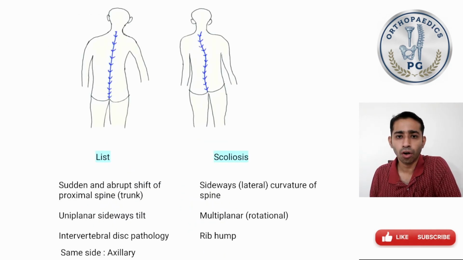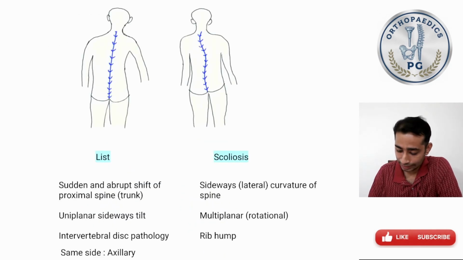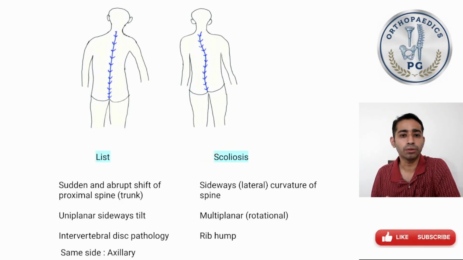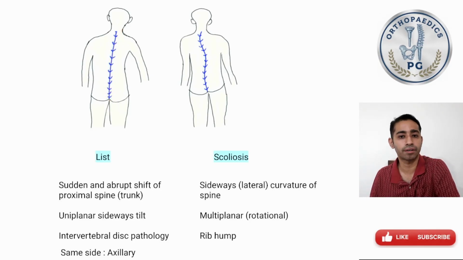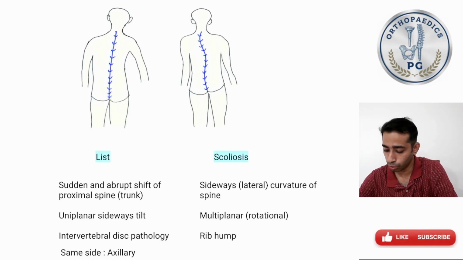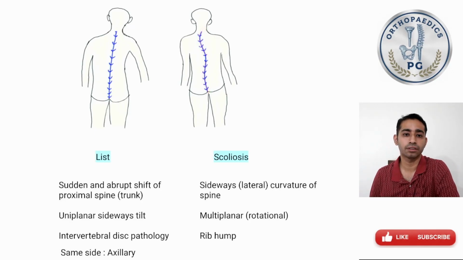Now here you are often asked the difference between list and scoliosis. List is a sudden and abrupt shift of the proximal spine or trunk, whereas scoliosis is a sideways or lateral curvature of the spine.